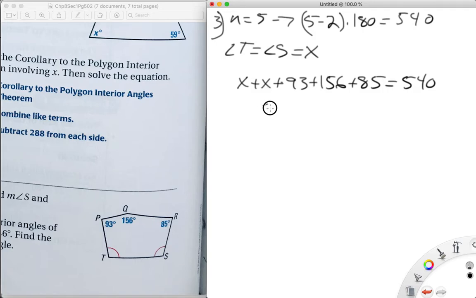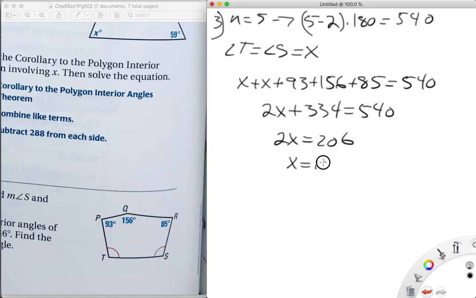So that gives me 2x plus 334, and that's going to equal 540. Subtract 334 from both sides, and I get that 2x is equal to 206. Divided by 2, x is equal to 103. Okay, so angle S and angle T both equal 103 degrees.